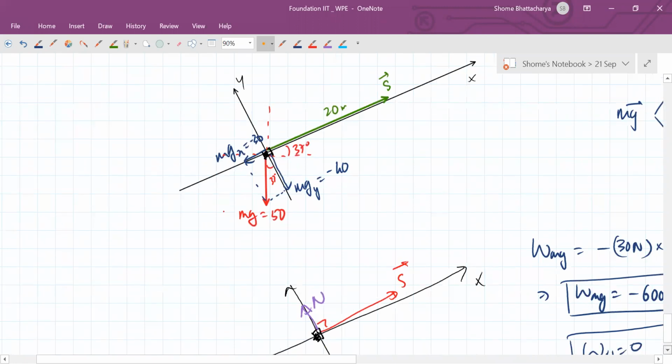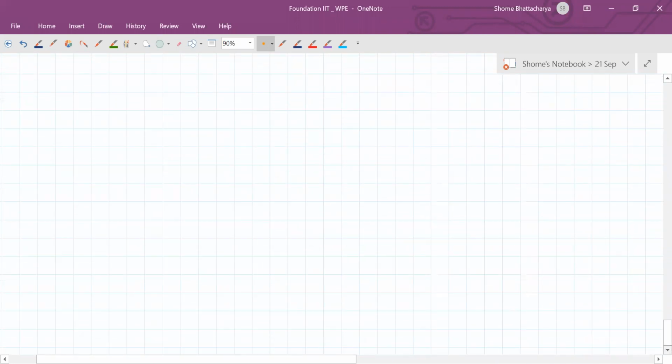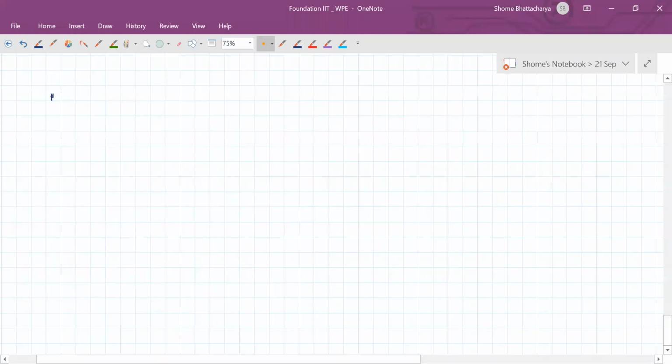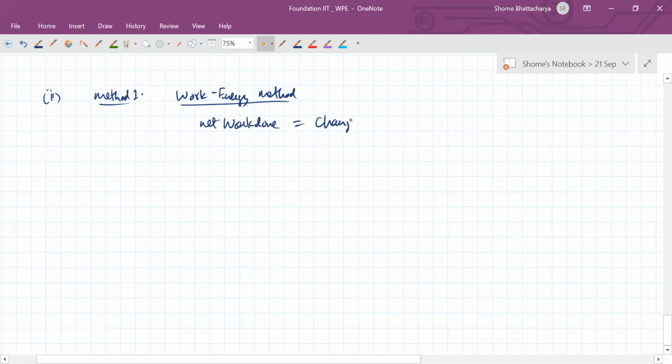Okay. Now you see that we can get the speed of the block by using this only. We don't need to apply anything else. So for the second part, we can just apply the statement of the work kinetic energy theorem. The first method we can go by is the work energy method. And that will be that the net work done equals the change in kinetic energy.